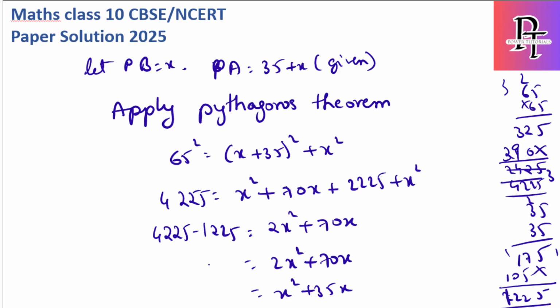So now this becomes 3000. 3000 by 2 is 1500.